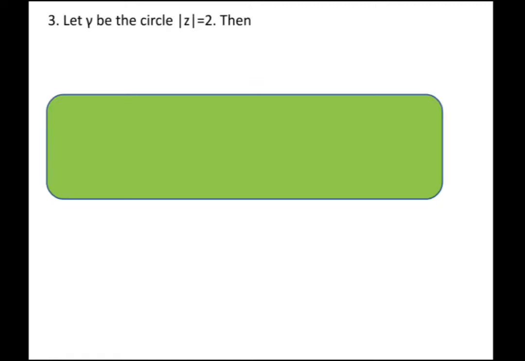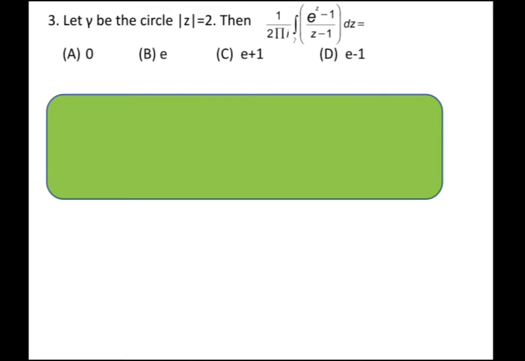Next question. Let gamma be the circle mode z equal to 2. Then 1 by 2 pi i into integral over gamma e raised to z minus 1 divided by z minus 1 dz is, options: 0, e plus 1, e minus 1. So here we solve this problem by using the Cauchy integral formula.